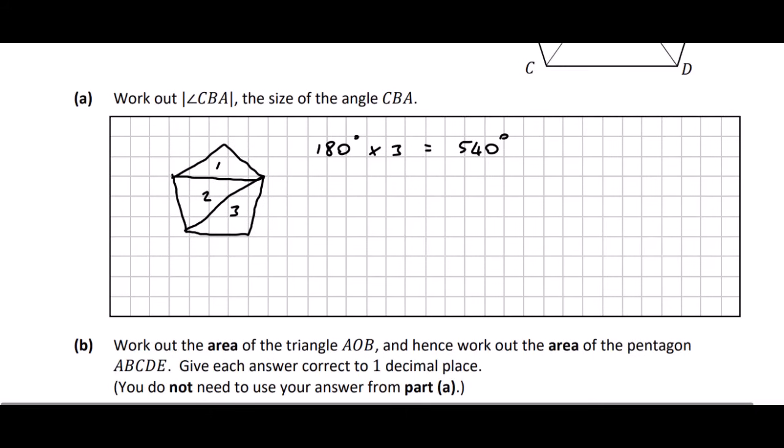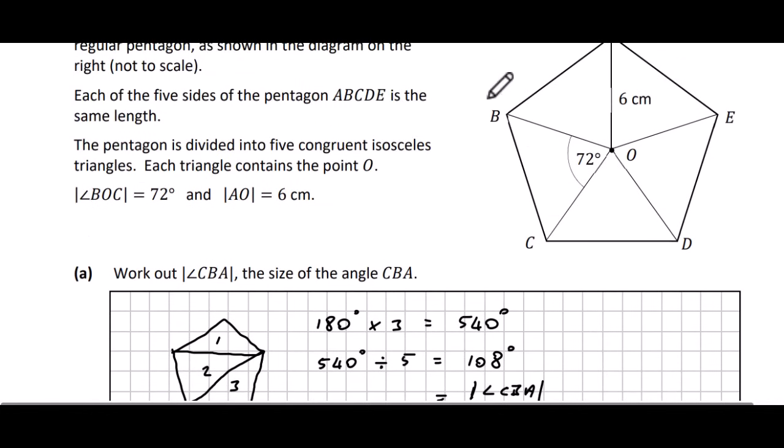So we want one of those angles, so we're going to take 540 degrees and divide that by 5, as there are 5 angles in a pentagon, and we get 108 degrees. So that's equal to our angle CBA. So that angle there is 108 degrees, that's 108, that's 108, that and that, they're all 108 degrees.